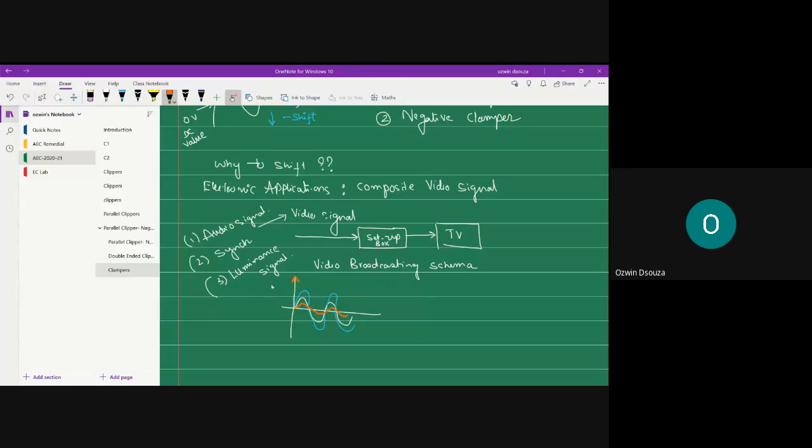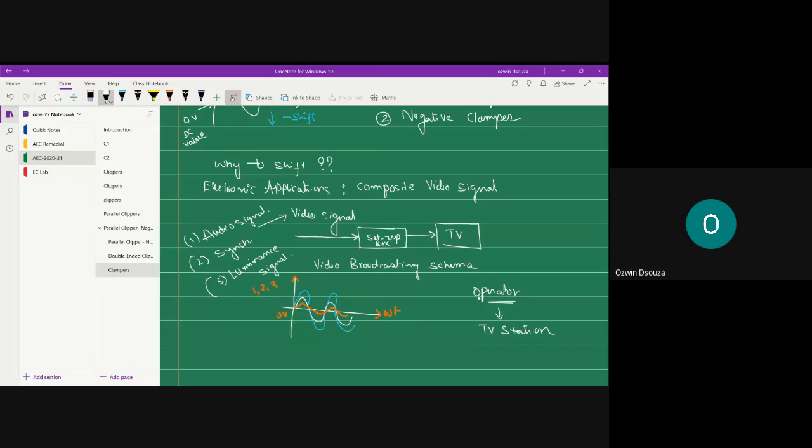So this is signal 1, 2, 3, and this is your time axis. If you were to pass all these three signals with zero offset value, then the operator sitting in the TV station will have a lot of trouble identifying the signals.